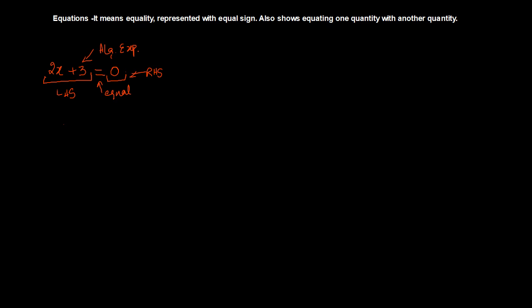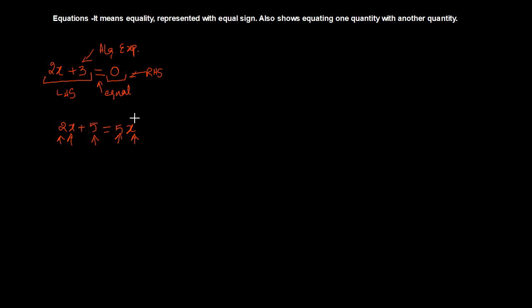Now let's take another example: 2x plus 5 equals 5x. It doesn't matter, I still have a variable in this equation, a constant, and coefficients.